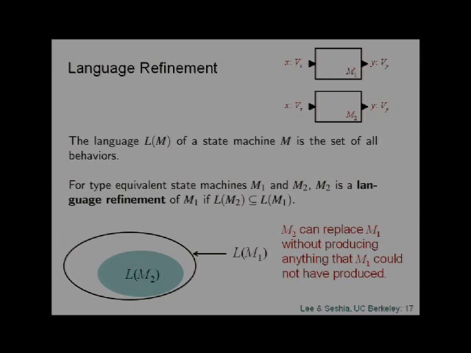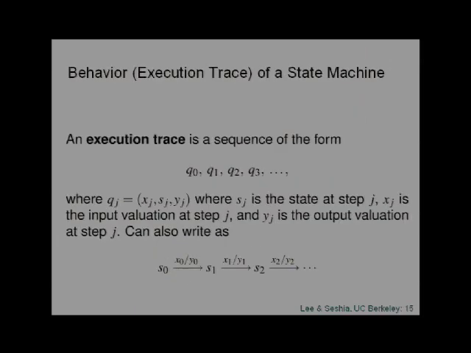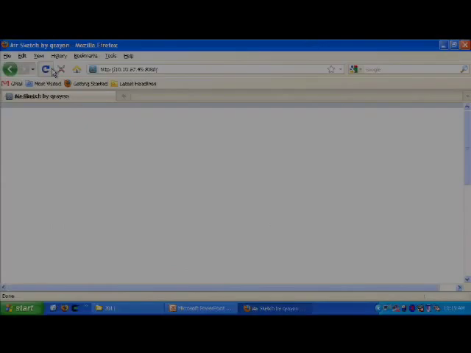So yeah, question. So this is so that the second machine can sort of nest inside the first machine's state. If the second machine only produces the exact same set of outputs as the first machine, but only for the input space of the first machine. What if the second machine has one? Okay. But you don't see it, because you only receive the inputs that the first machine receives.